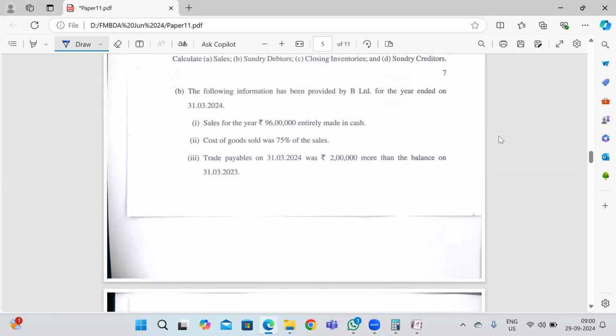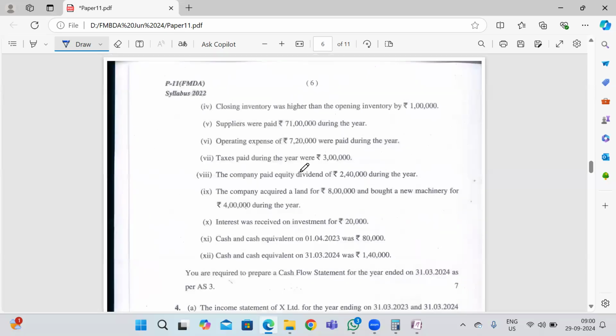3B. Here, the following information has been provided by B Limited for the year ended 31st March 2024. Sales for the year 96 lakhs, cost of goods sold 75% of the sales. Trade payables 2 lakhs more than the balance on 31 March 2023. Opening inventory was higher than the closing inventory by 1 lakh.